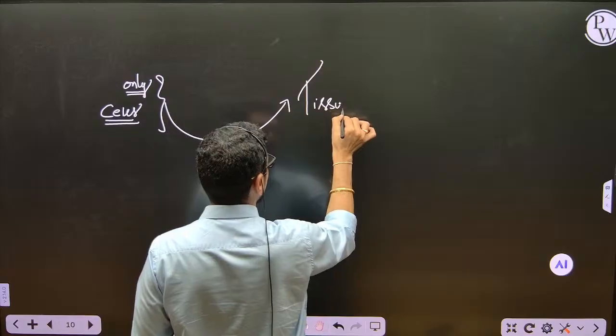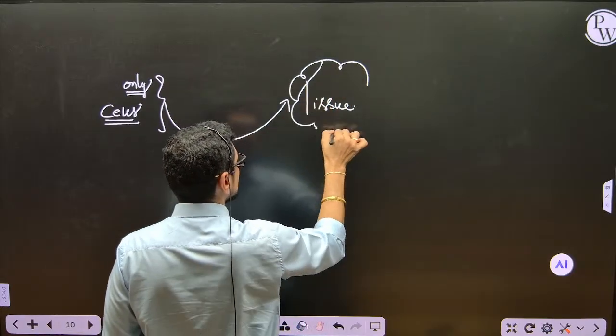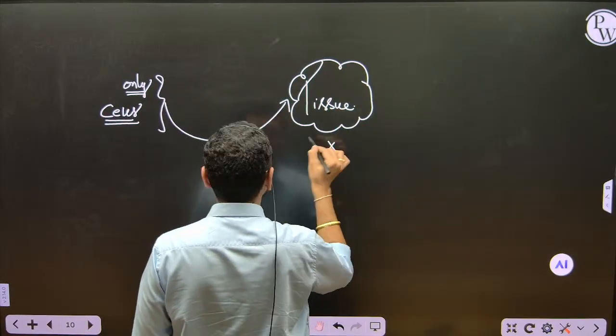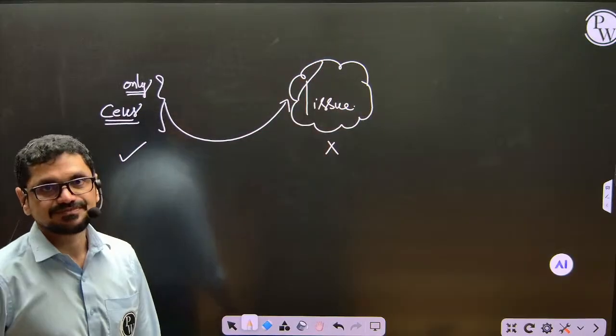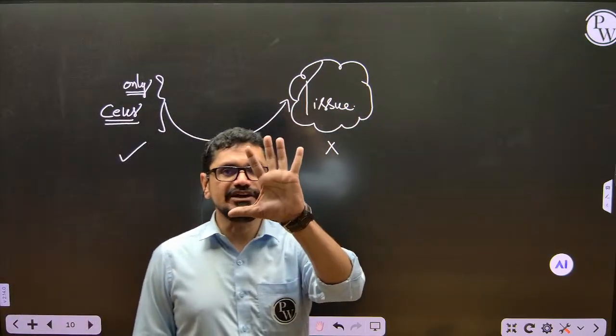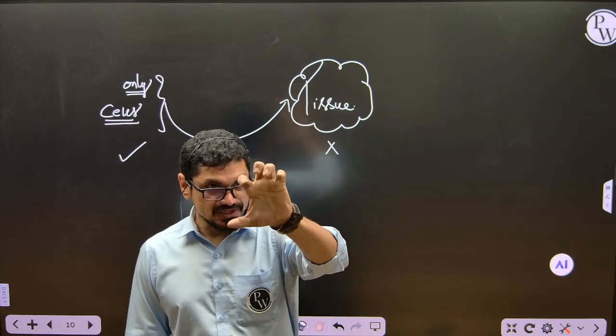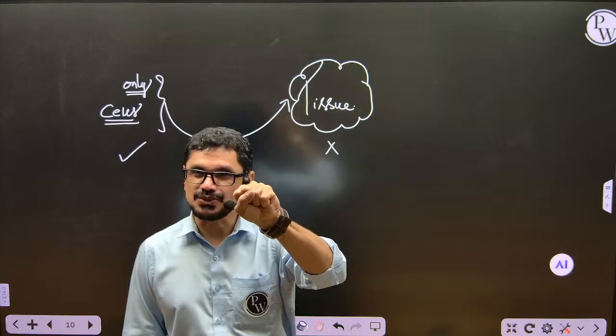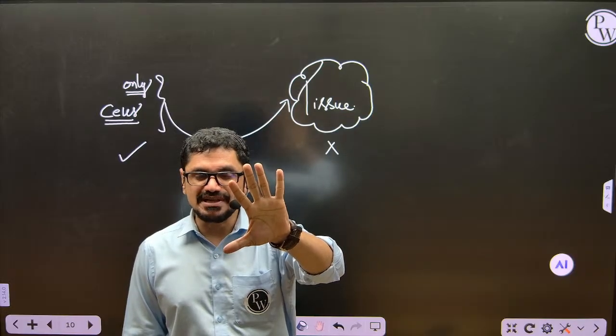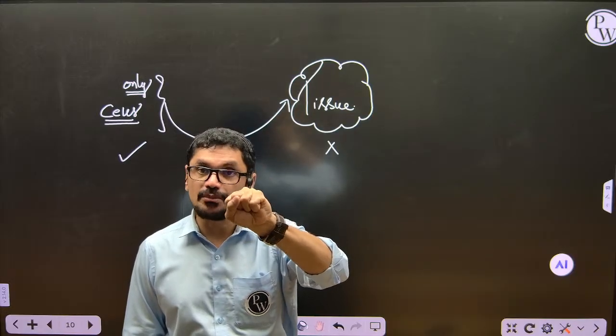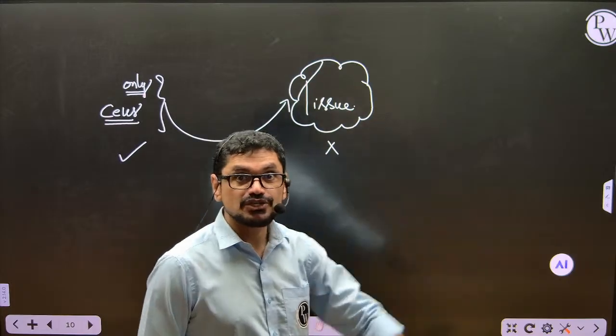So tissue is absent in some animals where only cells are present. Imagine each finger as a cell and the fist as a tissue. So cells, tissue. There are some animals where cells will not combine to form tissue.